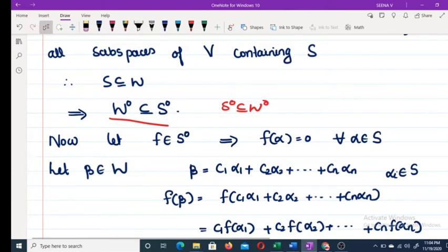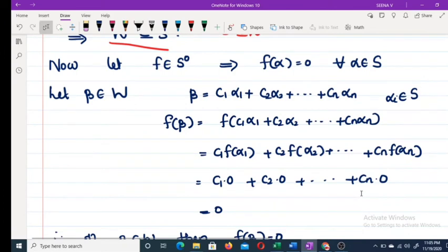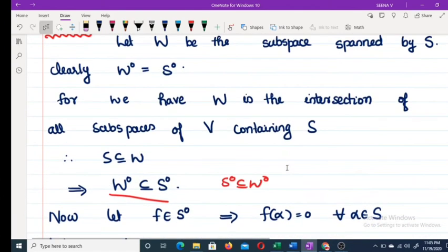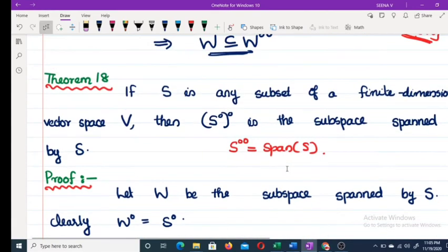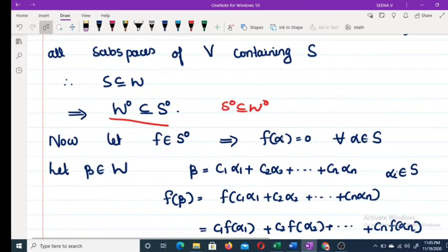So if beta belongs to W, then beta you can write as C1 alpha 1 plus etcetera plus Cn alpha n. Now what is f of beta? f of beta equal to C1 f of alpha 1 plus C2 f of alpha 2 plus etcetera plus Cn f of alpha n, which is equal to C1 into 0 plus C2 into 0 plus etcetera plus Cn into 0, because we are considering f belongs to S naught.